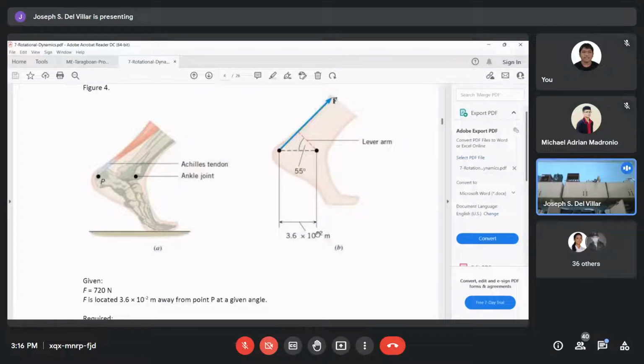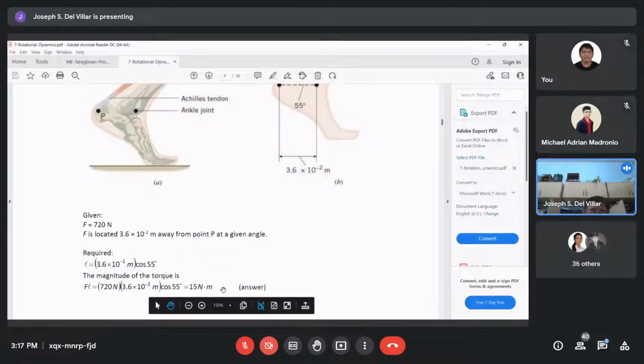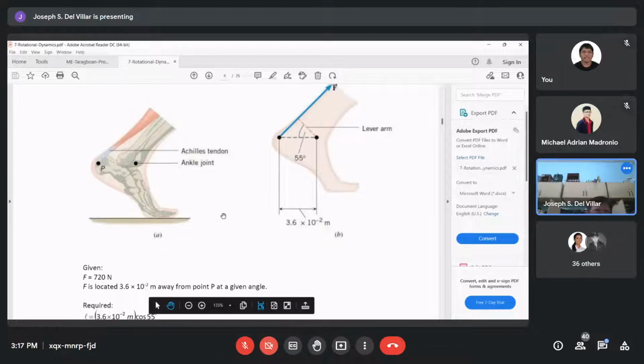I want this black one, the distance between the two black points, the 3.6 times 10 to the negative 2. I want to use this as the lever arm. So, what will I do to get the 14.87 Newton meter again?